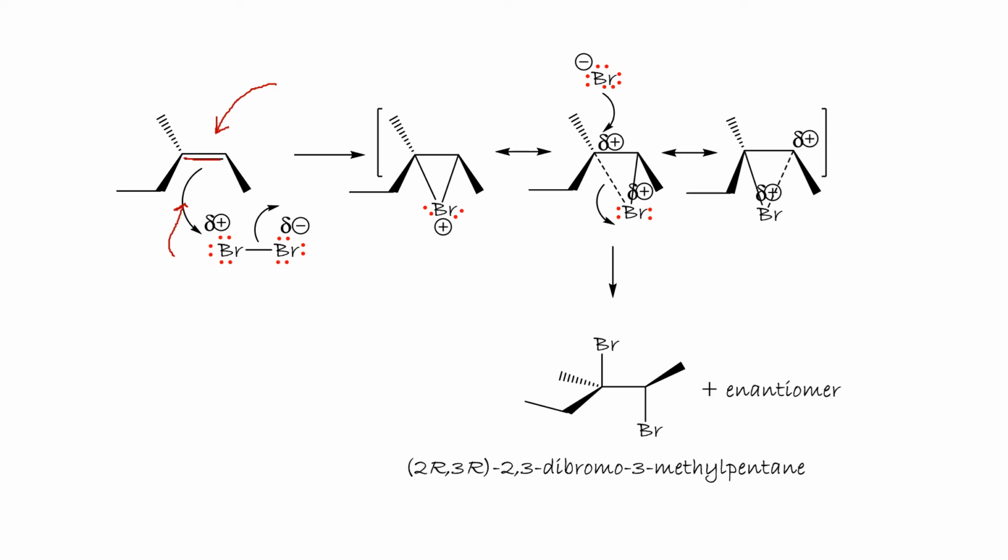Now if the bottom face attacks the partially positive Br, it will form this bromonium ion, which is the enantiomer, the mirror image of the first bromonium ion shown in the previous slide. Again, this bromonium ion is in resonance with these two structures. Br minus will attack the partially positive carbon carrying more substituents to form again the enantiomer, which is 2R,3R-2,3-dibromo-3-methylpentane.